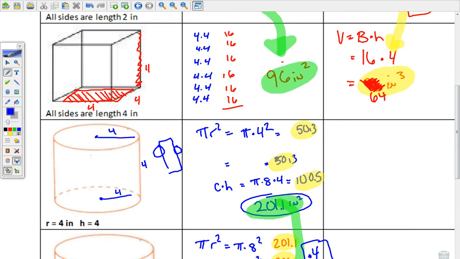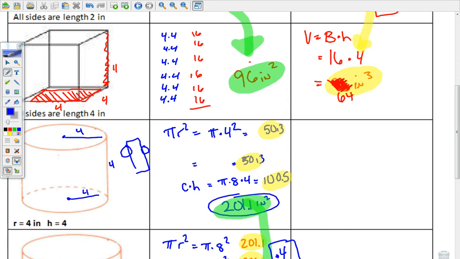To figure out the cylinder, we're going to do volume now. And volume's a little bit easier because the formula is not as complicated once you understand it. Capital B times H, our area of the base, this time it's a circle. So we're doing pi times r squared times our 3-dimensional height, which is 4.